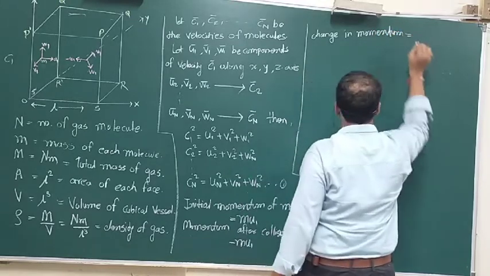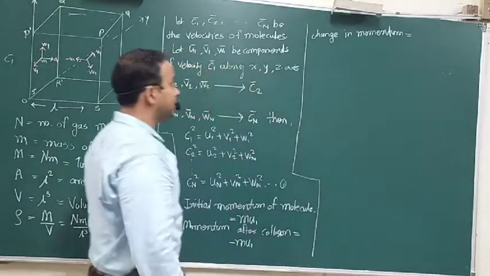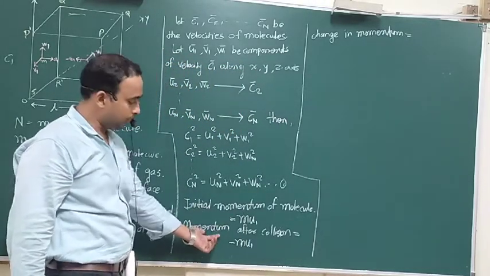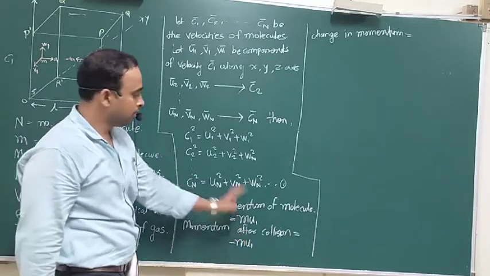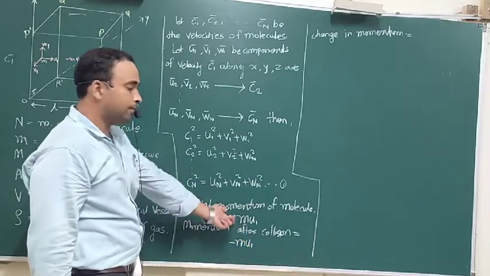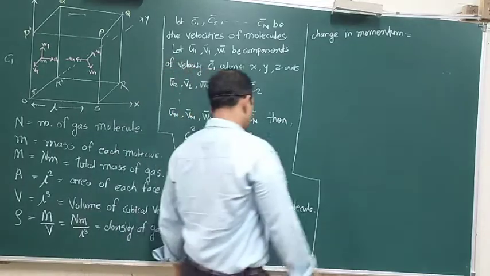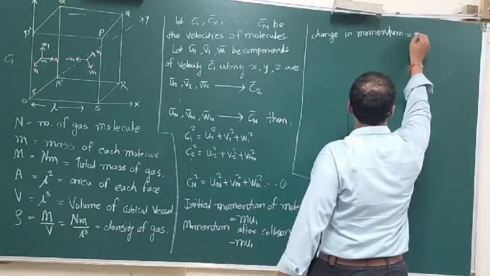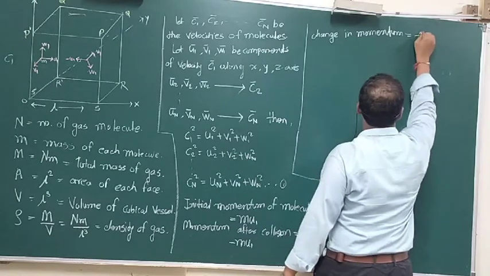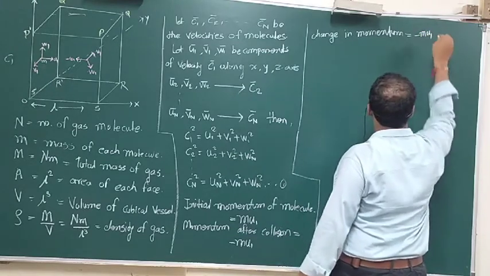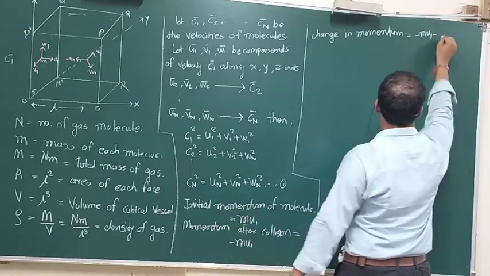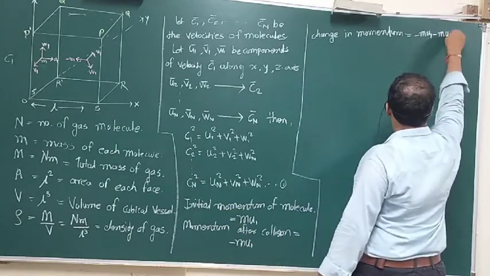Change in momentum is equal to momentum after collision minus initial momentum. The momentum after collision is minus mu1, minus the initial momentum mu1.